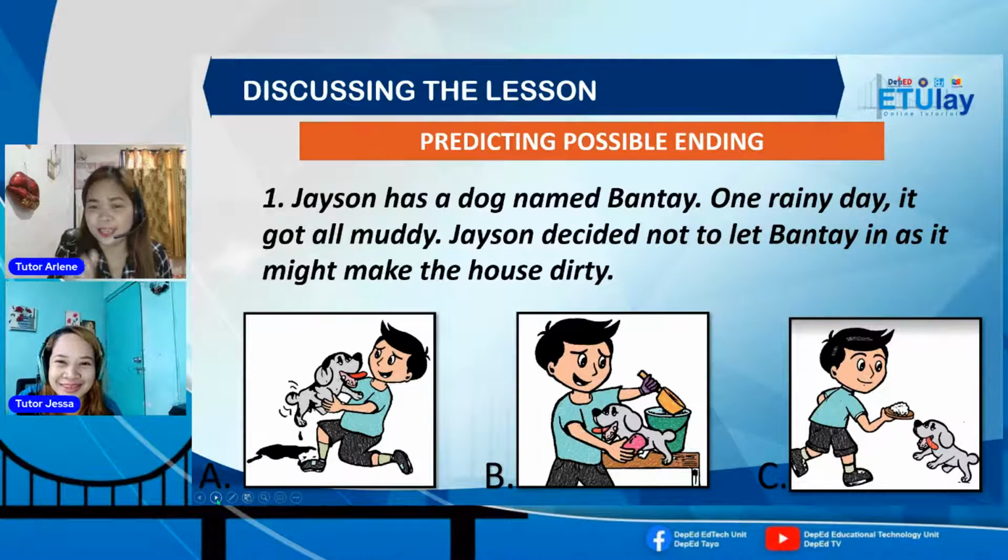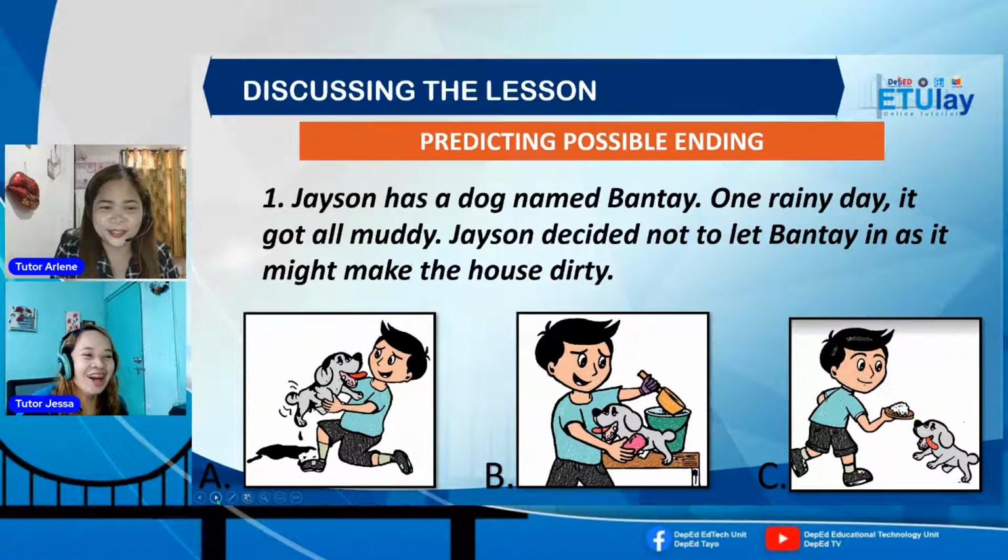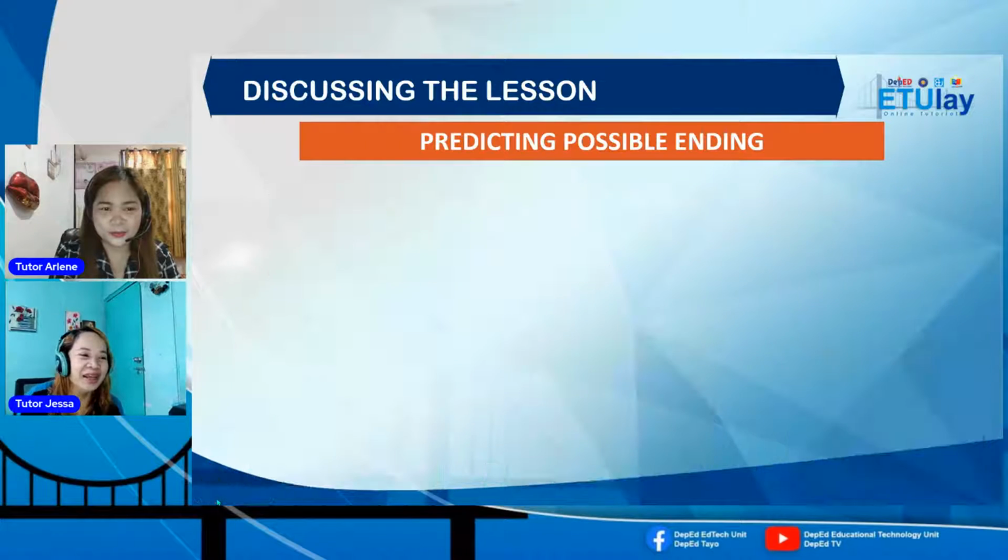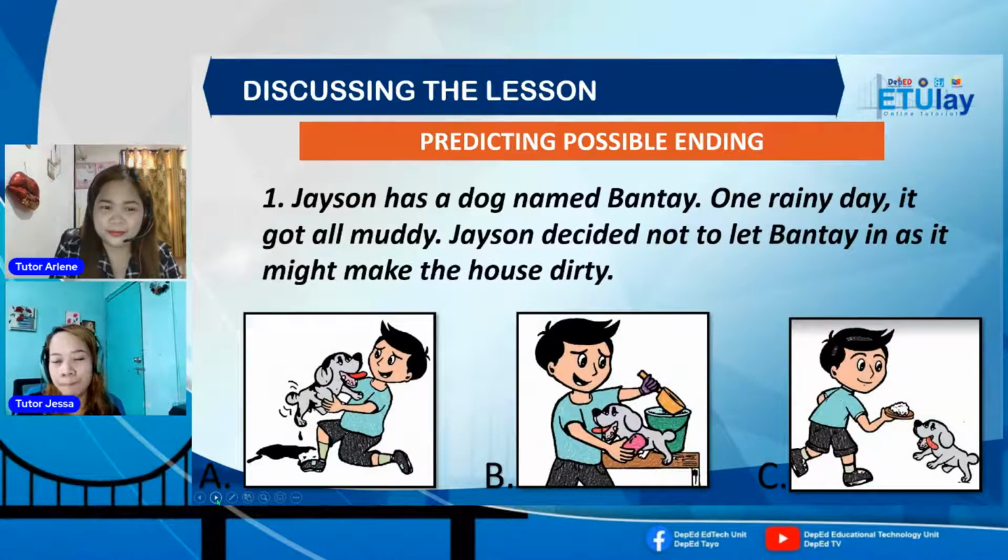Sabi ni Matthew, it's letter B. Sabi ni Kendra, it's letter B. Si Stacy Kai, letter B. Si Rita, si Jairen, si Rain Freya, letter B. Ayan, sabi tuloy ni Ma'am Teresona, kids, listen well. Tama. You listen well, kids. So, for number one, Tutor Jessa, what is the correct answer? Okay, so for number one, the correct answer is letter B.